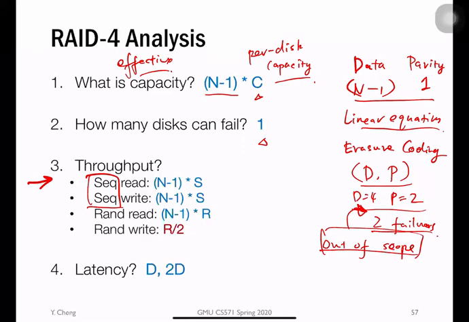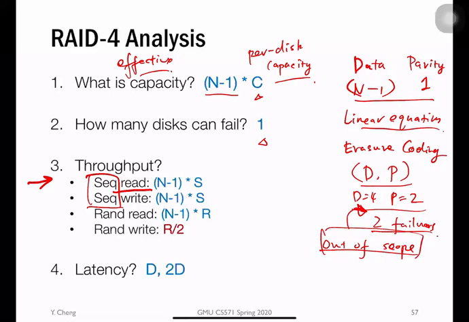Let's first talk about read. For read, it's easy to understand. It's n minus 1 times S, because you don't want to include the parity chunk. Parity doesn't contribute to the actual data. It can only be used for recovering the failed data.